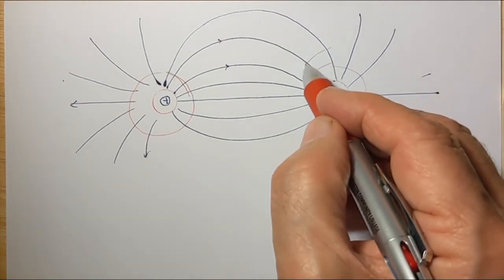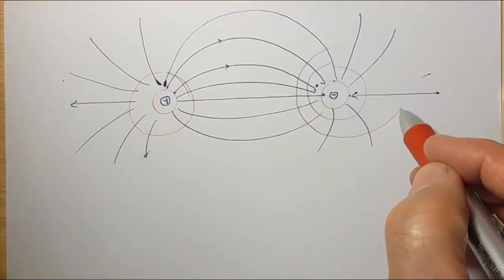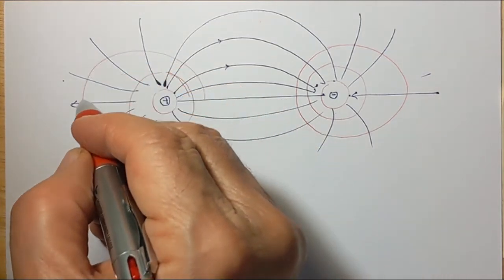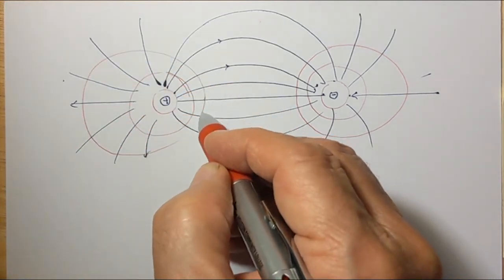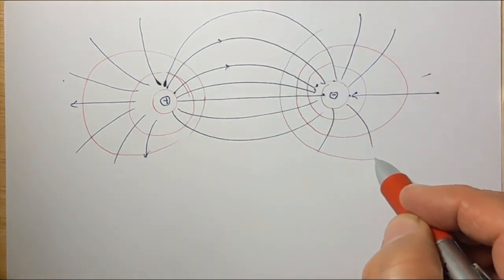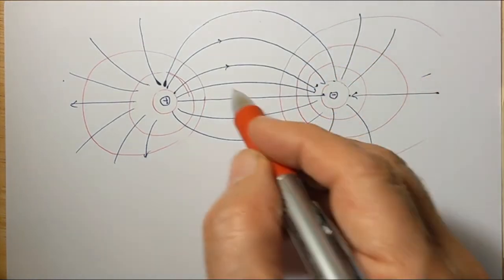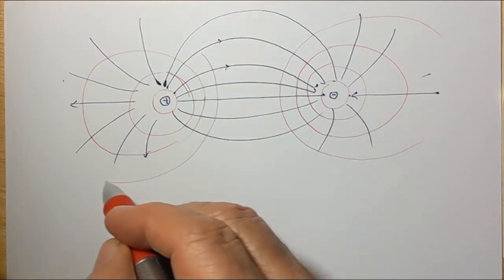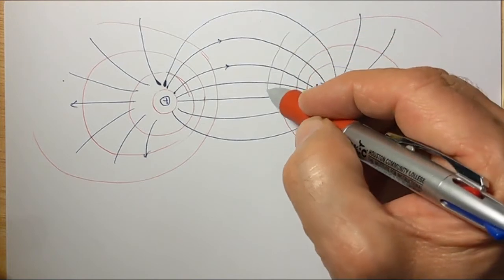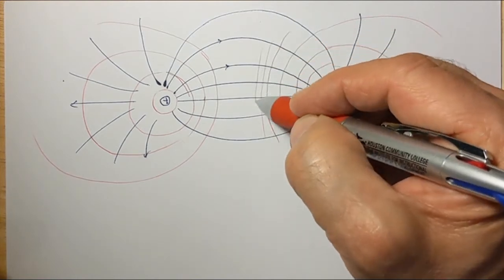So it turns out that they get wider on the right side and they get wider on this side, and here they start squeezing together. This will get further away and this will get further away on this side, and they will collect and get closer together.